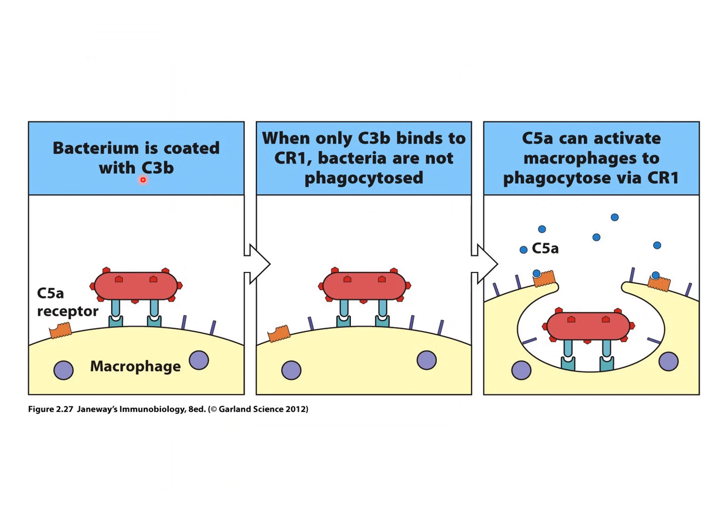So what we see is, however, whichever of those three pathways, mannose binding lectin, classical, alternative, you end up with C3b bound on the surface.